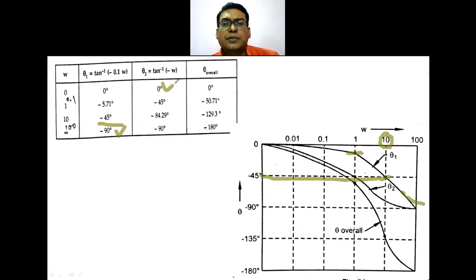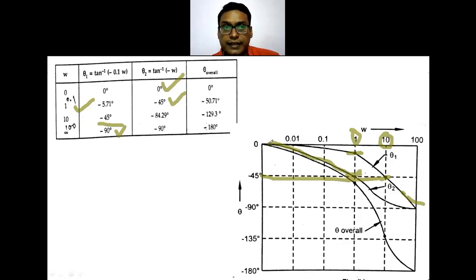Then similarly for theta 2, phase angle 2. For omega equal to 1, the phase angle 2 has the value 45. So it is plotted on this point and I can connect these 2 points.